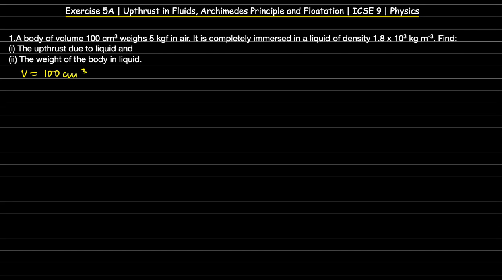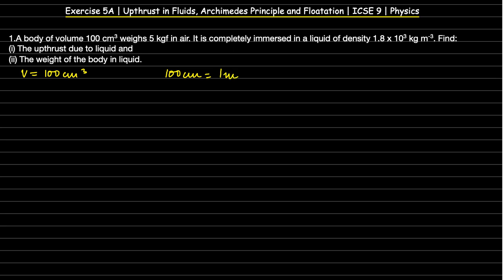Now we will learn how to convert centimeter cube to meter cube. Since meter cube will be the SI unit, I would be converting to meter cube. All of us know that 100 centimeter is equal to 1 meter.